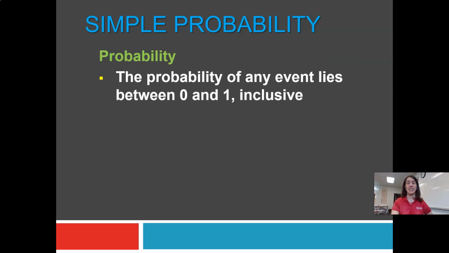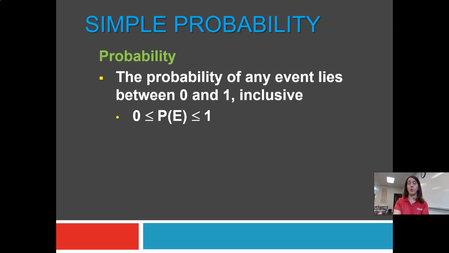Now, even before I get to those, just note here, probability is always going to lie somewhere between 0 and 1, and it says inclusive, which means you can have a 0 and you can have a 1 for the final answer. What does that mean? If you have a probability of 0, it's not going to happen. There's a 0% chance of it happening.